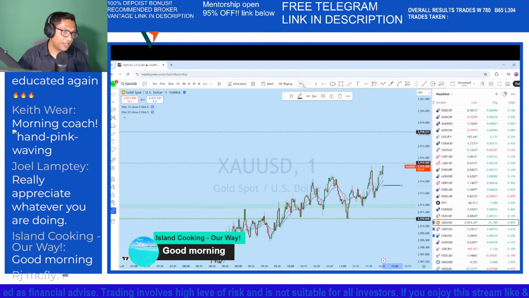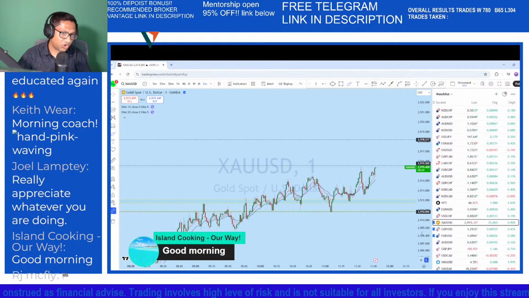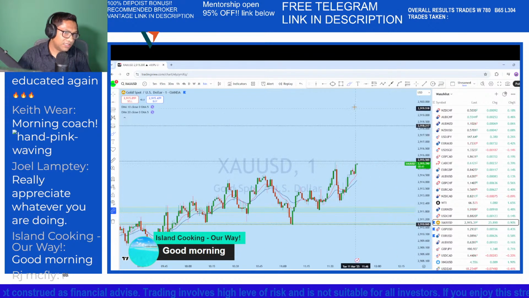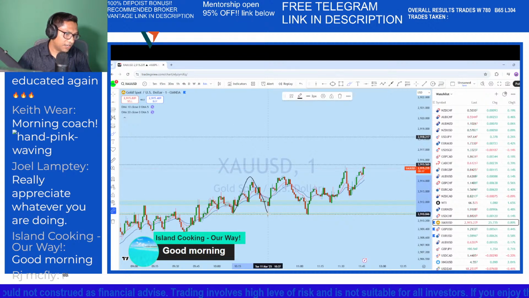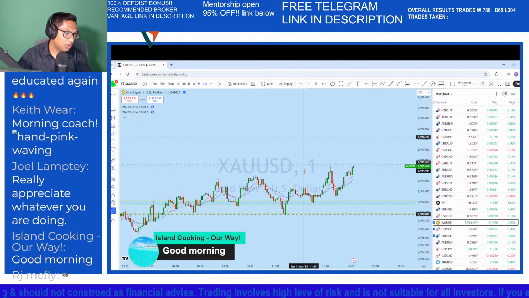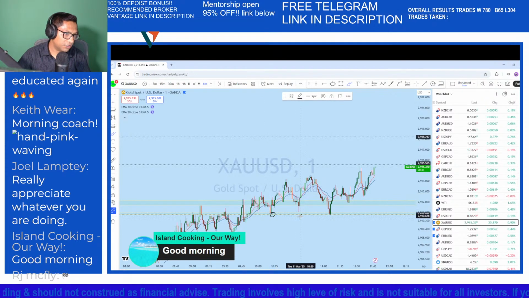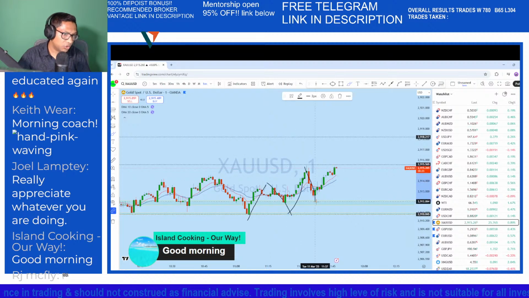If you look here, you can see that this is a market where there is a trend, creating a series of higher highs and higher lows. You can see a support here, support here, support here, grabbing multiple liquidity, and then getting a bounce, a pullback, another bounce, another pullback.